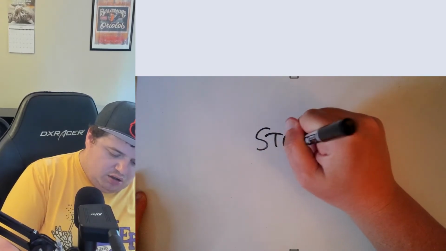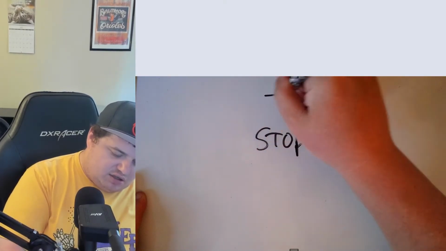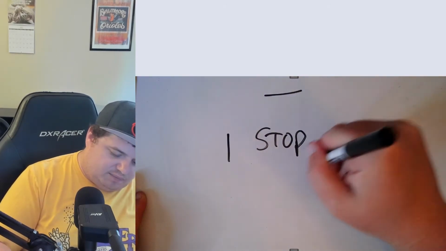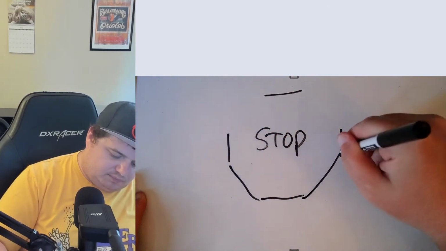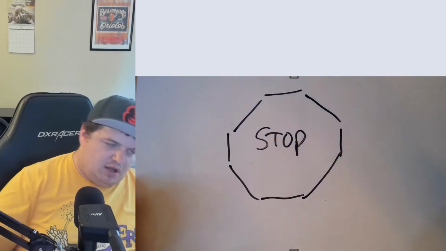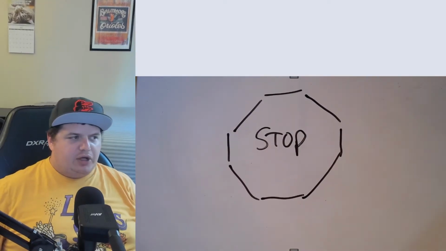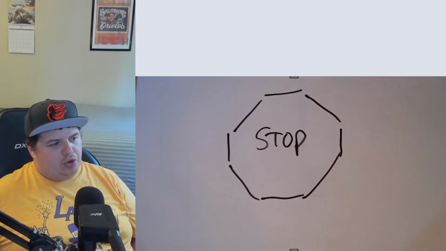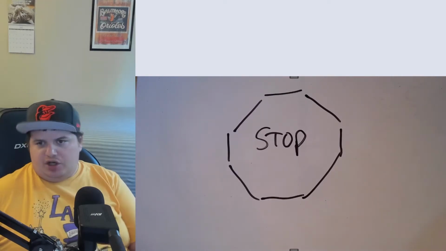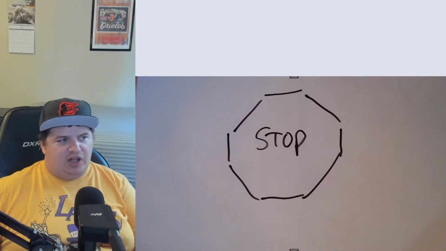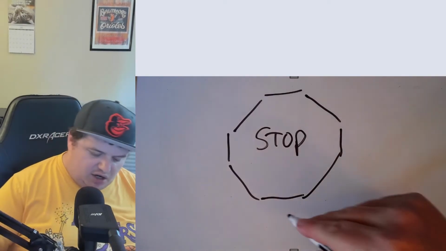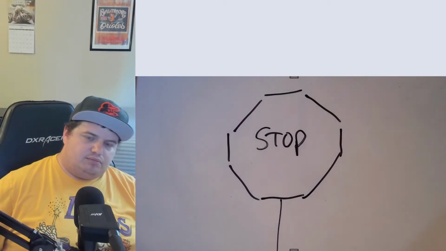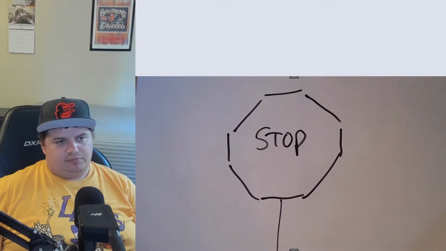So, when you get your driver's license, there's this thing that's red and octagonal that you come to when you approach intersections that do not have a light. What is this thing called? Stop sign.